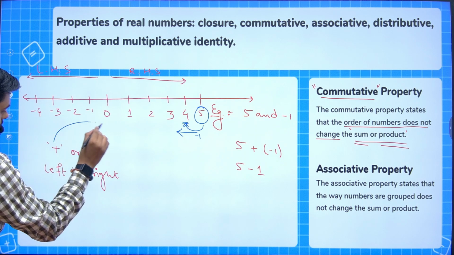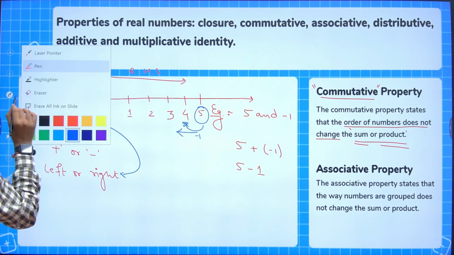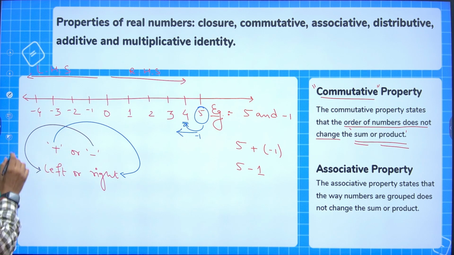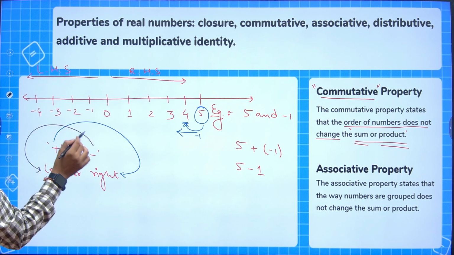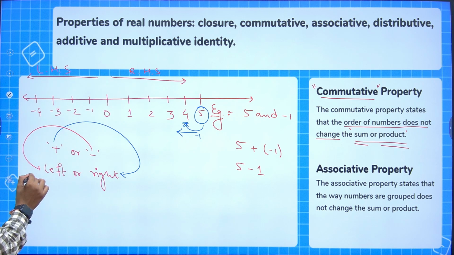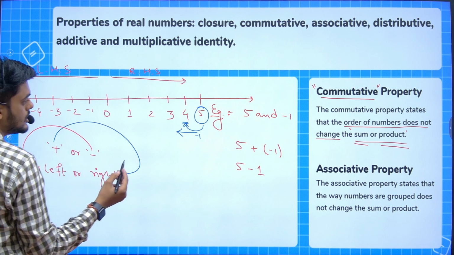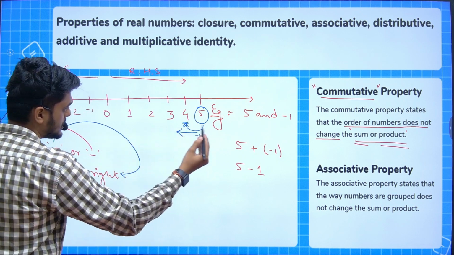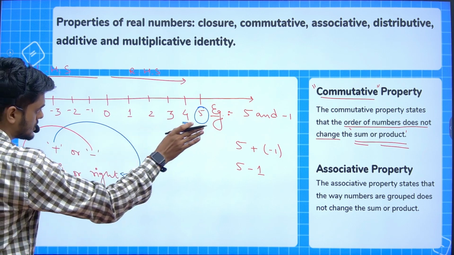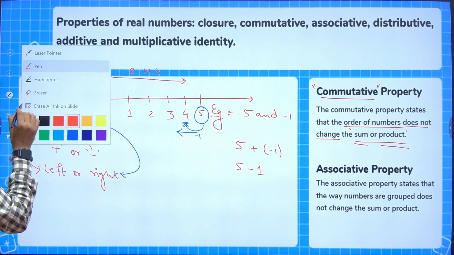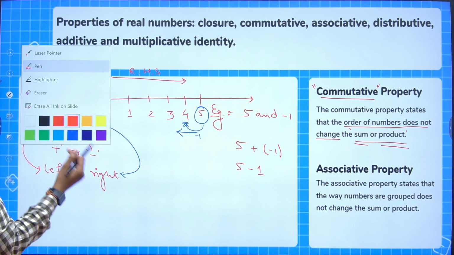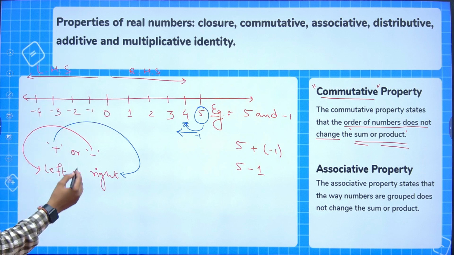So basically, if you need to subtract anything, you need to move towards the left of that particular quantity, and if you need to add anything to a particular quantity, you need to move towards the right of that quantity. I am sharing this concept just because these lectures are also for 6th and 7th standard students, so it would be very useful for them.